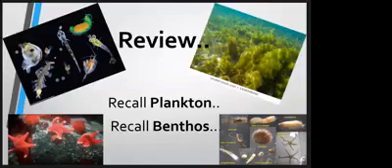Supposedly, hermit crabs don't have their own shell, so they live in other shells, which they use as their source of shelter and protection. So these are what we call the infauna, which can be found inside the epifauna and the epiflora of a benthic organism or benthos.